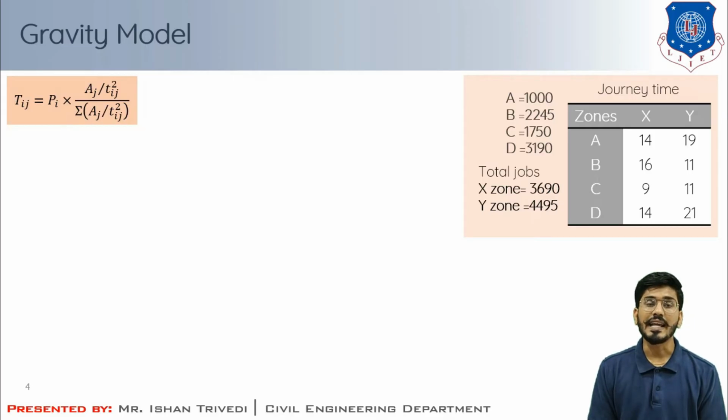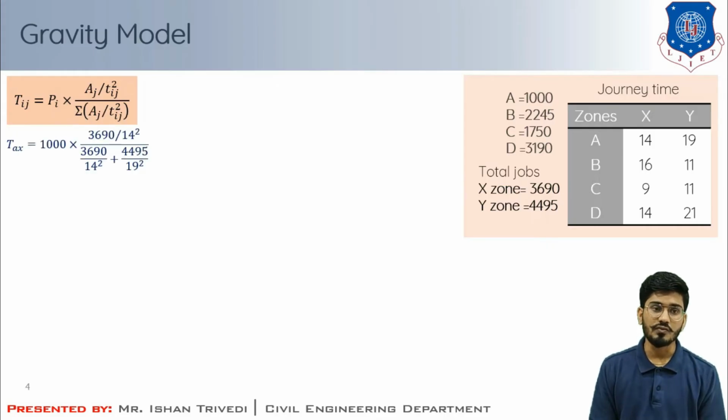So Tij, if I compute the total trips between zone A, that is our origin, and destination zone X, then for the TAX value we have the respective values for zone A and the respective time for A to X. So if I put these values, the total trips produced from zone A is 1000.